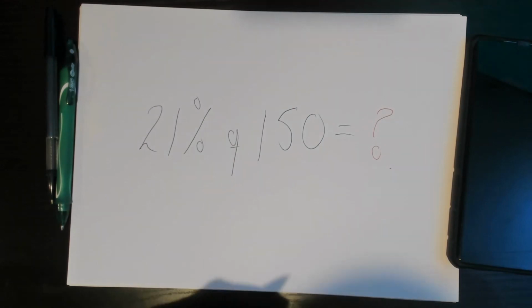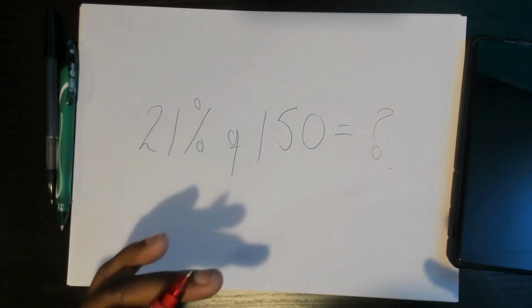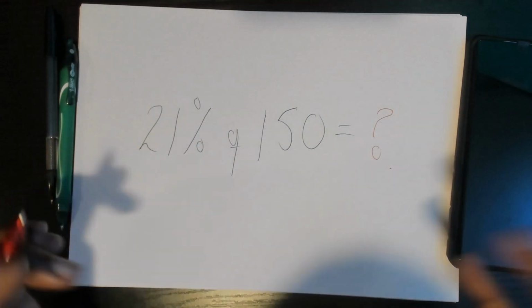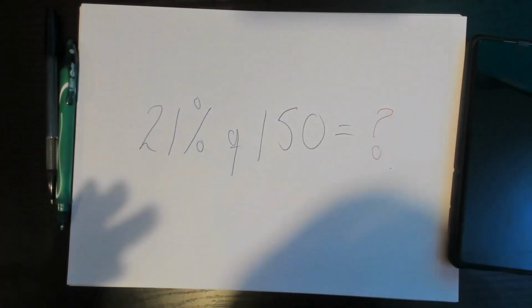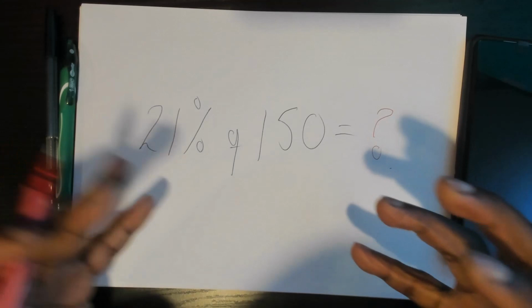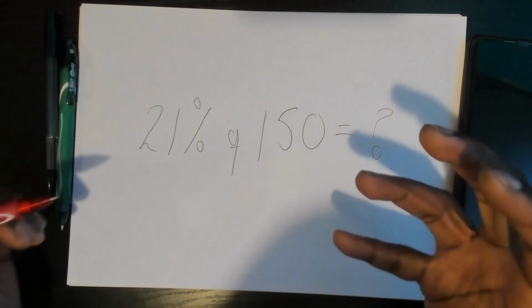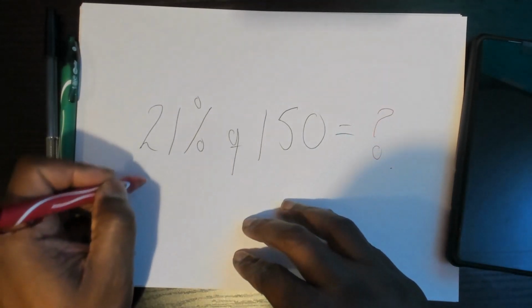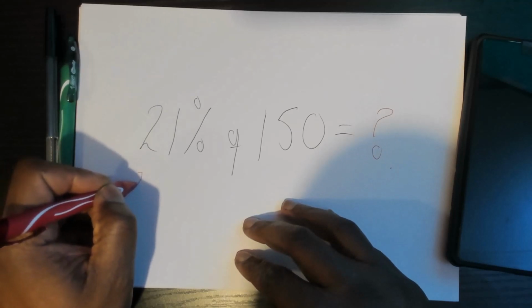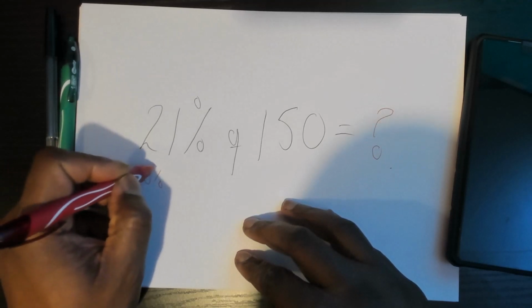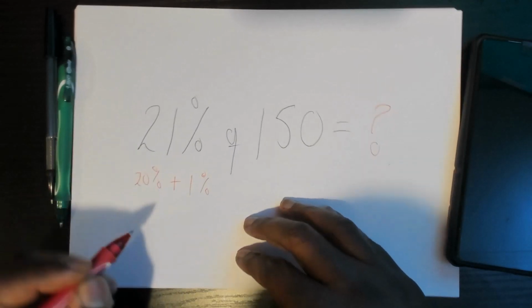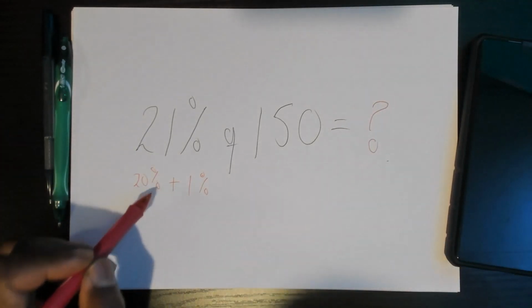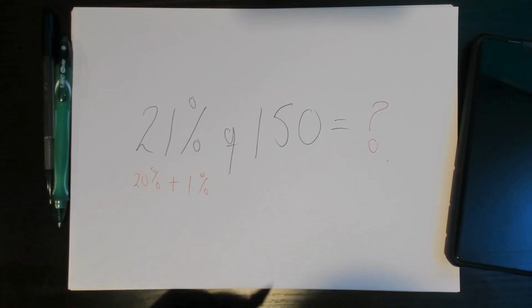And the way we approach this question is using a similar technique to the one we did in the last video, which is to break up the percentage into digestible parts. So in this case, that would be 20% and 1%, because 21% is nothing more than 20% plus 1%.